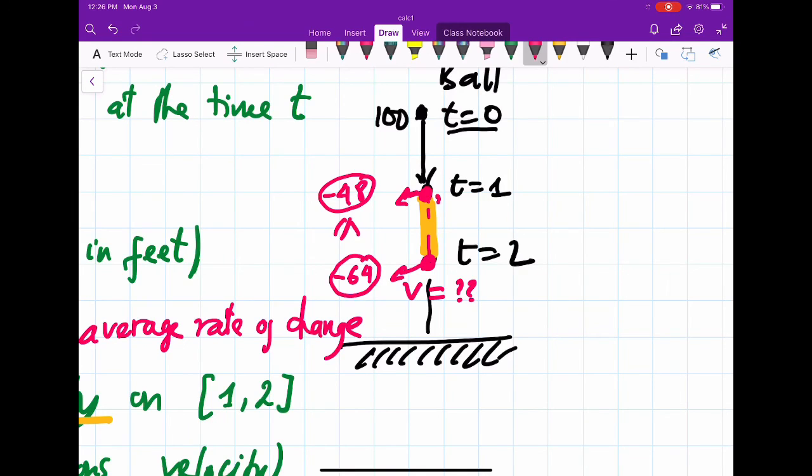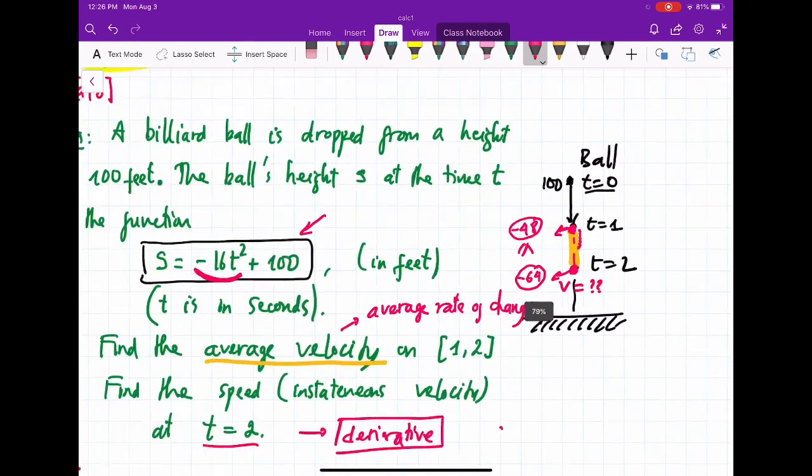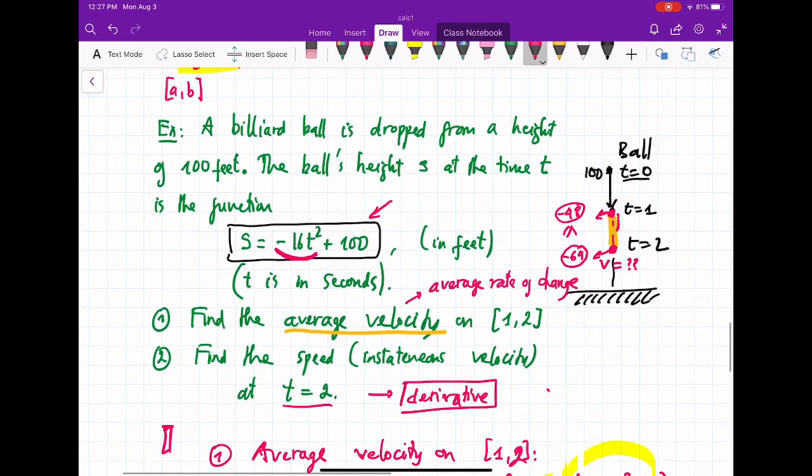At the beginning, you have a smaller velocity. So everything makes sense. That's not something strange. All right, so that is how we can look at the rate of change, like average velocity or instantaneous velocity.